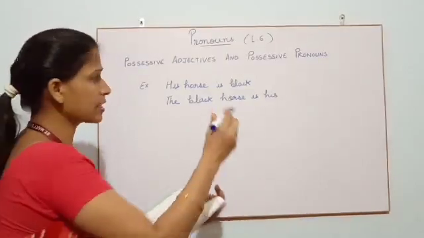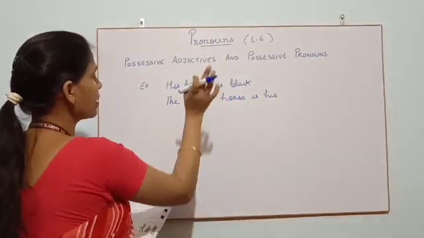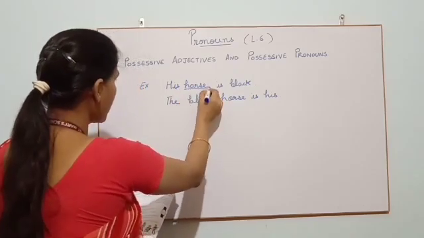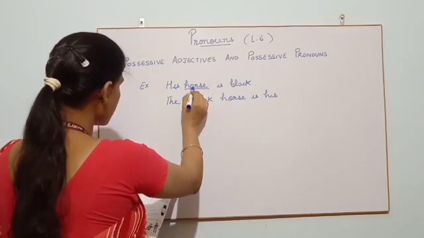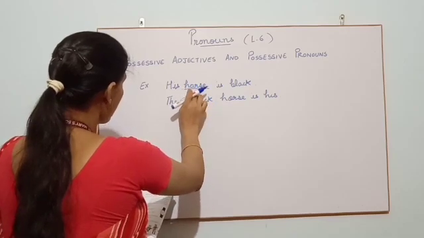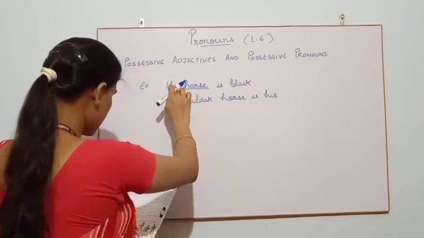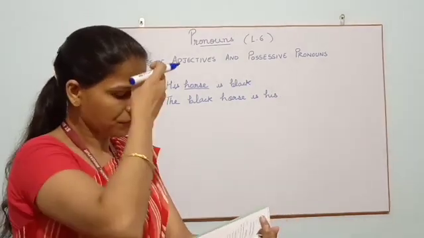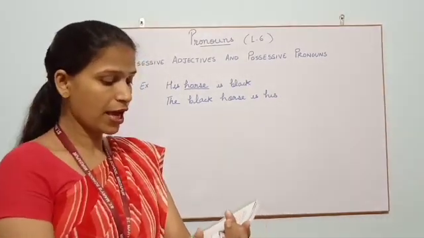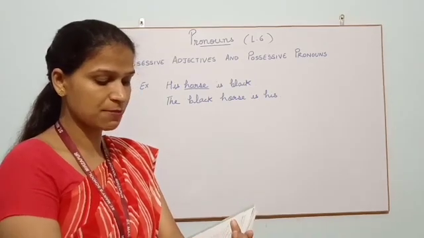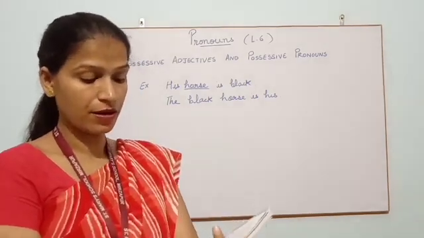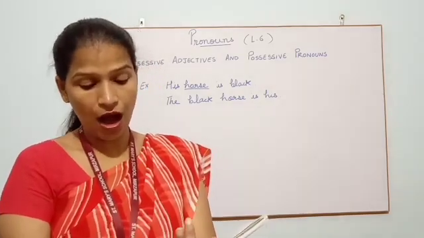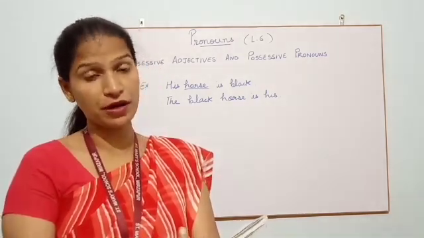Now, in the first example, can you find out where is the noun in it? Horse is your noun. And I am saying, if you will find before the noun, it says, if the possessive pronouns such as my, our, your, his, her, their, are used before nouns.